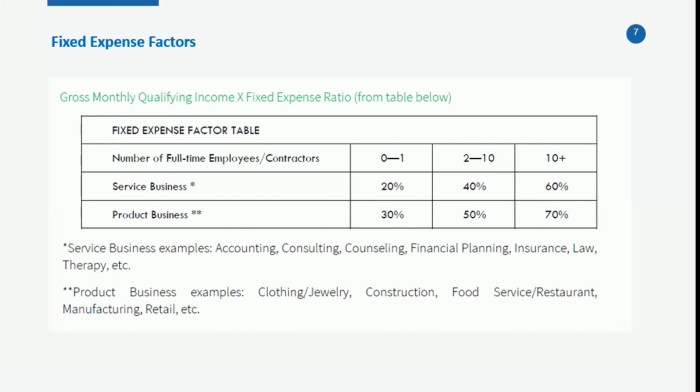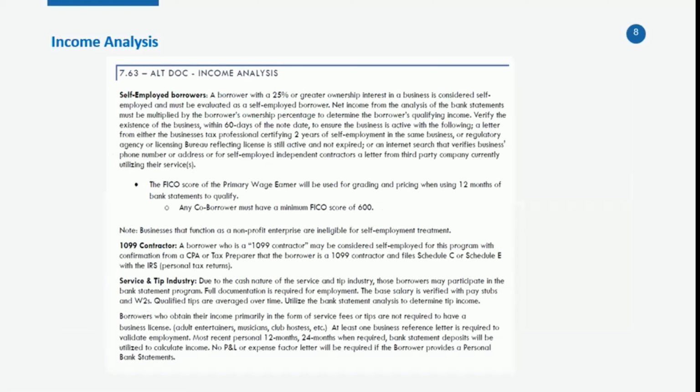Okay. Now on to the self-employment section, of what they're considering self-employed borrowers. A borrower with 25% or greater ownership interest in a business is considered self-employed and must be evaluated as a self-employed borrower. Okay, so can we do bank statement loans using business bank statements for an individual if they have 25% ownership? Yes, we can. Basically they'll take the bank statements, calculate the income, and give them a quarter of the percentage of that.